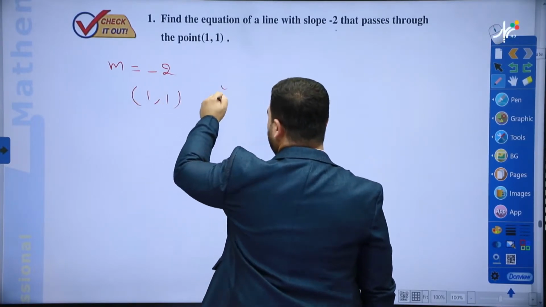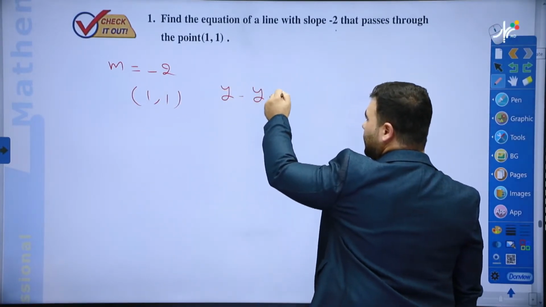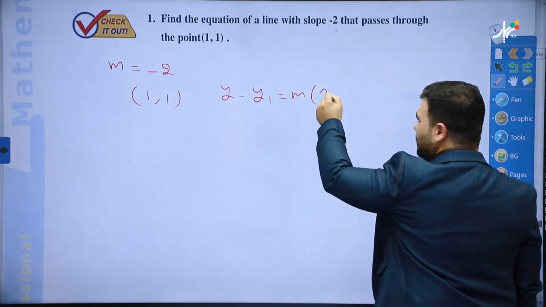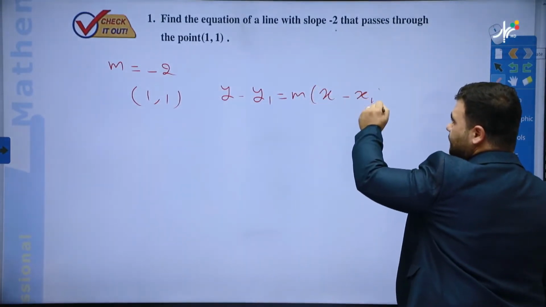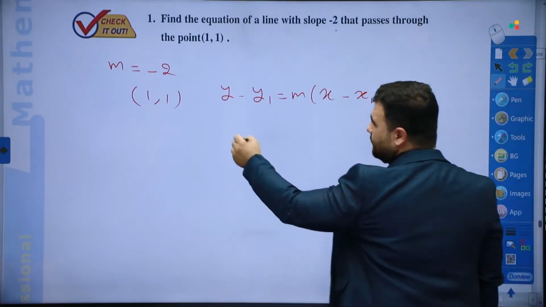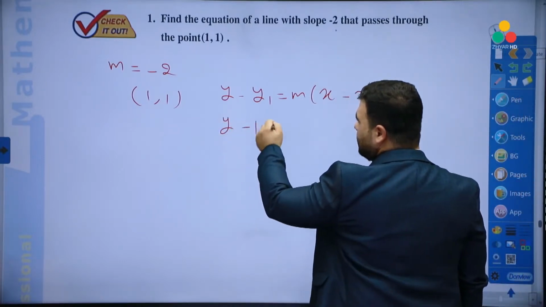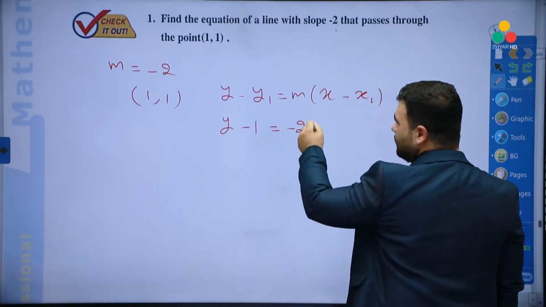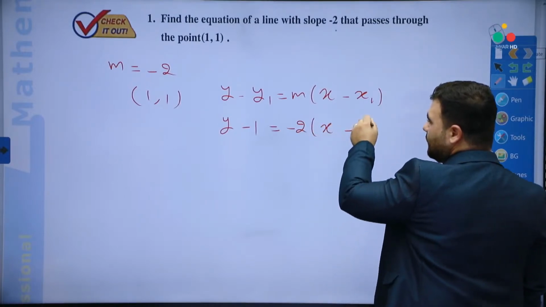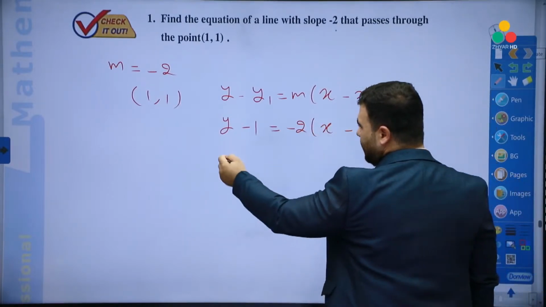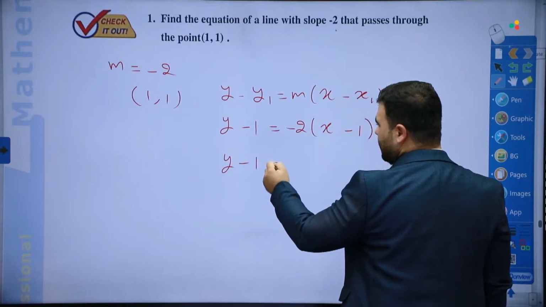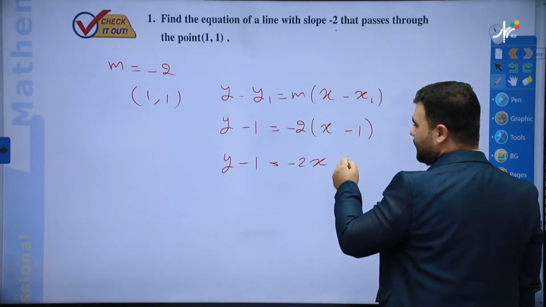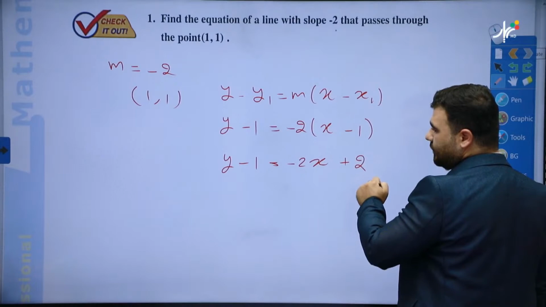The rule is y minus y1 equal m times x minus x1. Replace them: y minus 1 equal to negative 2 times x minus 1. Simplify: y minus 1 equal to negative 2x plus 2.